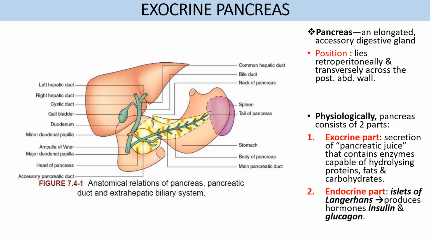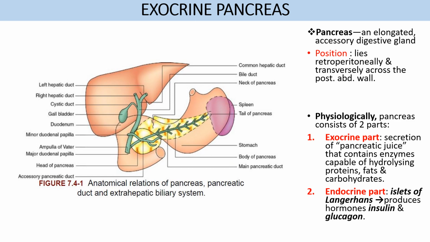Anatomically, pancreas can be divided into a head, a neck, a body and a tail, whereas physiologically pancreas can be divided into two parts: the exocrine part of pancreas and the endocrine part of the pancreas. The exocrine part of pancreas, which we will be focusing on in today's lecture, secretes a very important digestive juice called the pancreatic juice.